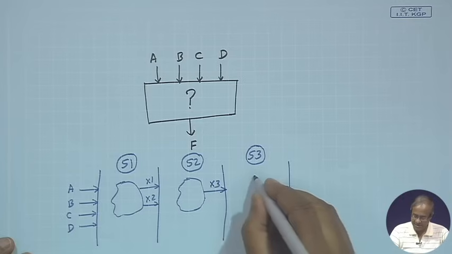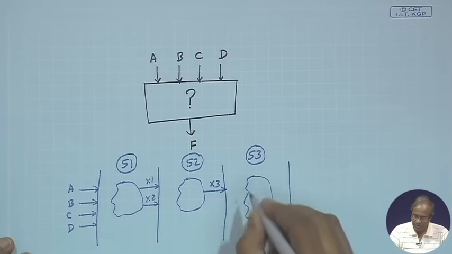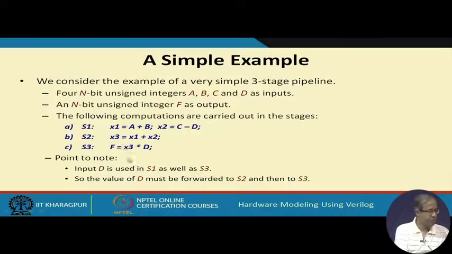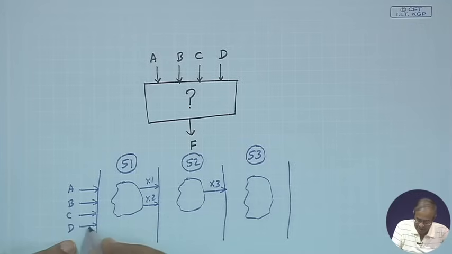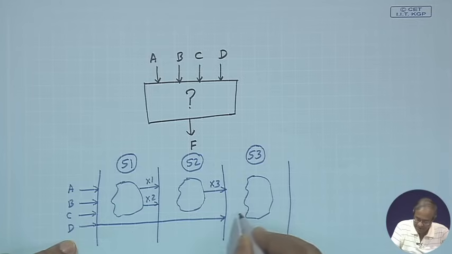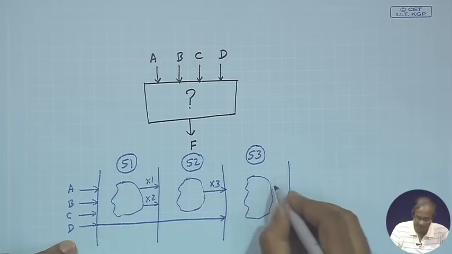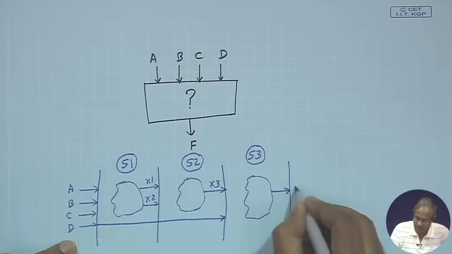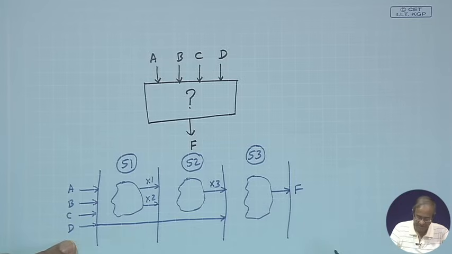Now, in S3, whenever you are doing the calculation, you are not only taking x3, you see, you are also taking the value of D. Okay. So, this value D which was here, this also has to be forwarded up to this place, so that S3 can be computed and finally, you can get the value f generated.